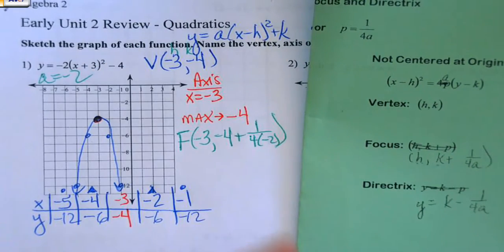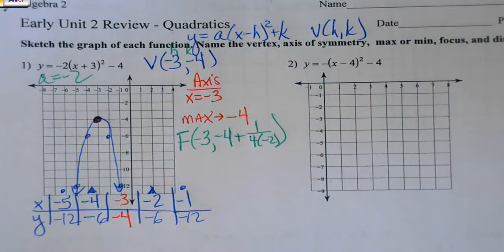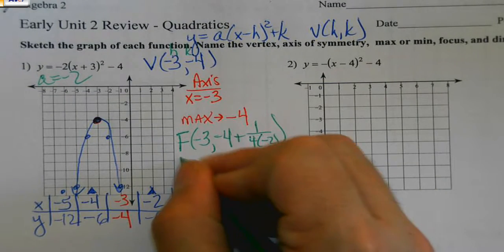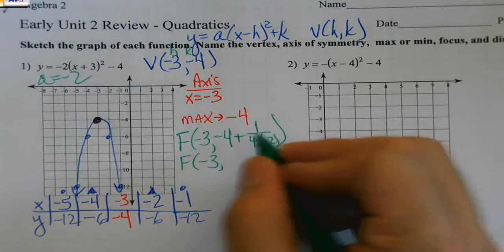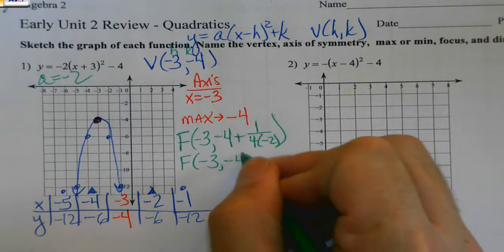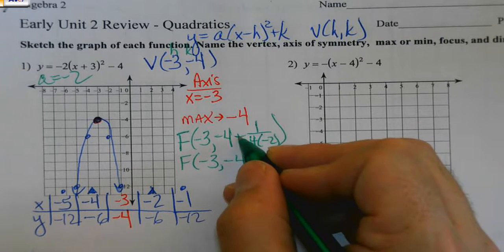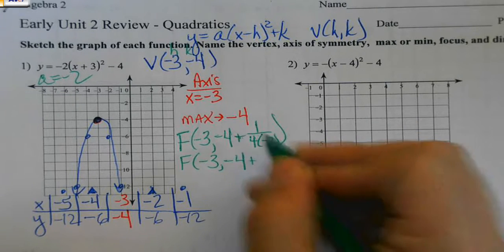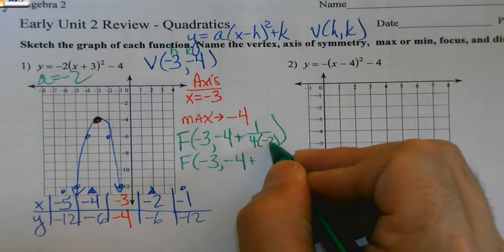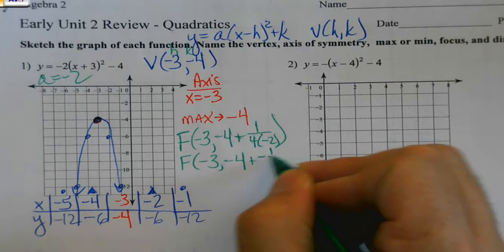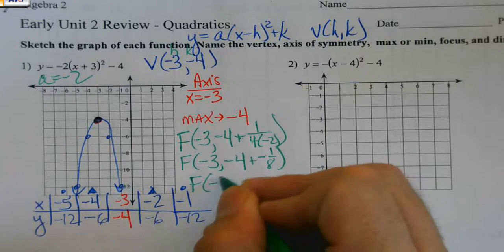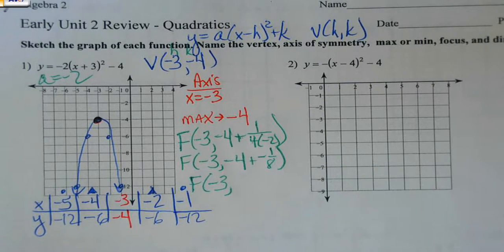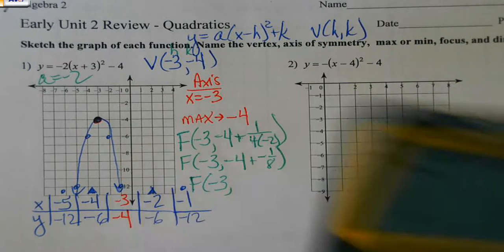Lots of things to keep track of here. And like we talked about yesterday, we're going to clean this up. I'm going to do it in 2 separate steps. So let's see here. 4 times -2 is -8, so this is -1/8. And when you get down to this last step, you've got choices.